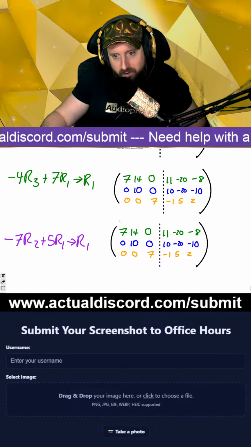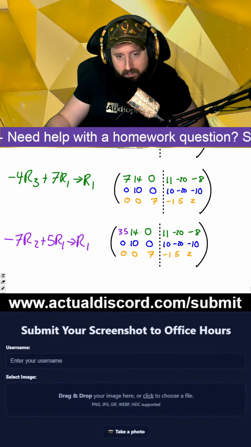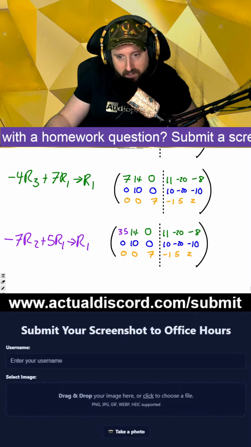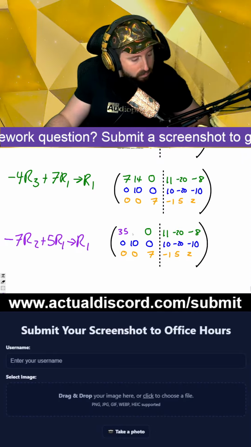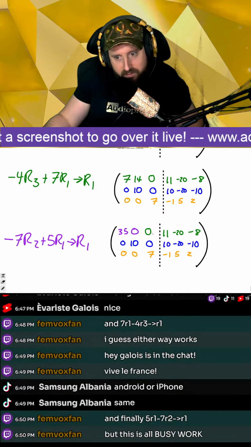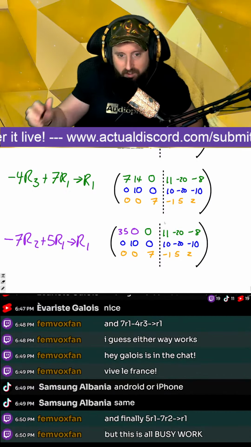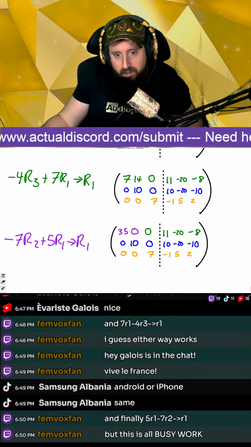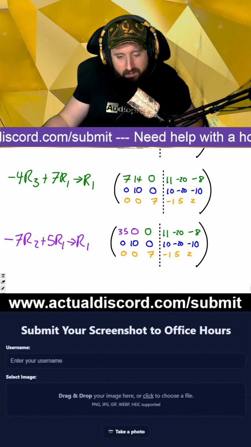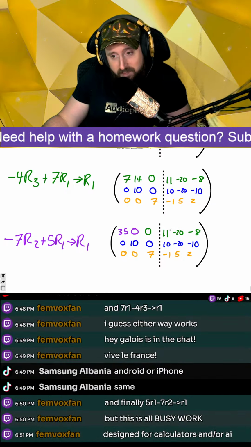-7 plus 5 R1 is R1. So this is going to be 35 now, right? That's -70 plus 70. That's going to be 0. Love that. -7 plus 5. That's still 0. This is all busy work. I agree. -70 plus 55 is -15. Wait.